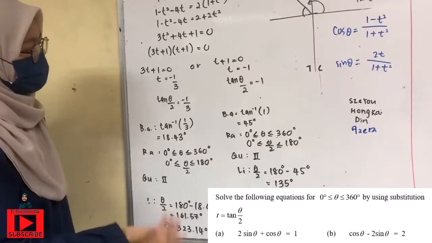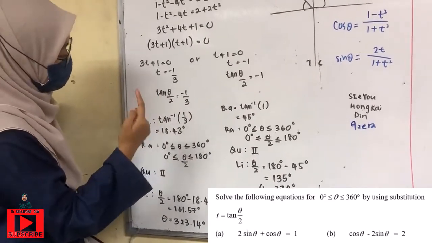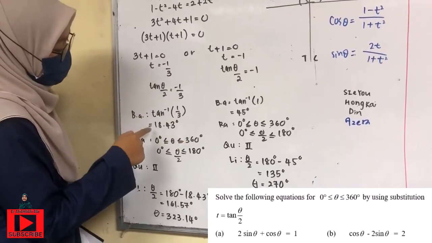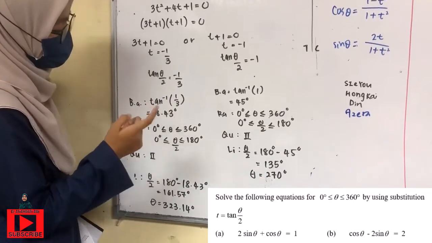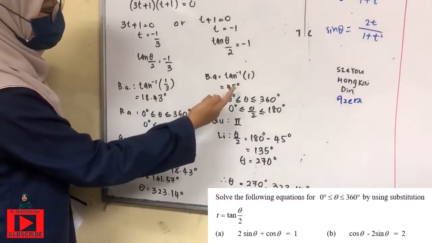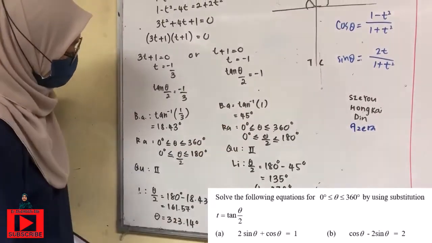So we find the basic angle for both. So for basic angle for negative 1 over 3, shift tangent 1 over 3 equal to 18.43 degree and this is shift tangent 1 equal to 45 degree.